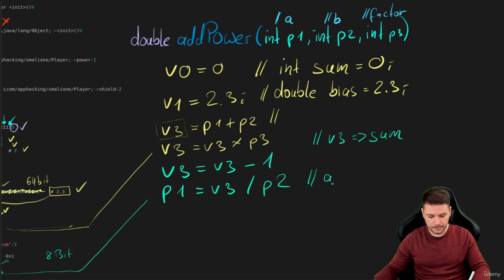P1 is A. A is equals sum, because sum from this point is now in register v3. We can also write this here. Sum is equals sum minus 1. Okay. We were at this point. Sum divided by p2. p2 is b.